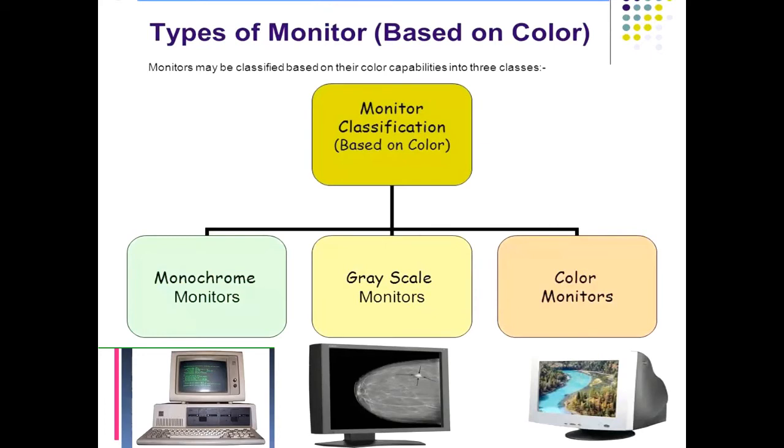Number two is the grayscale monitor. Grayscale is a group of shades without any visible color on a monitor. Each pixel of the grayscale display carries an amount of light, ranging from the weakest amount of light to white.